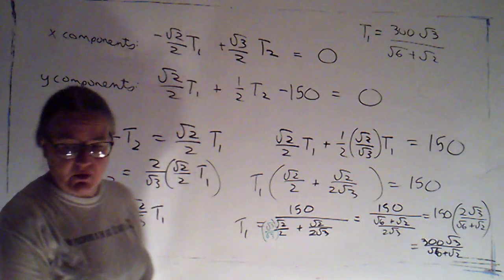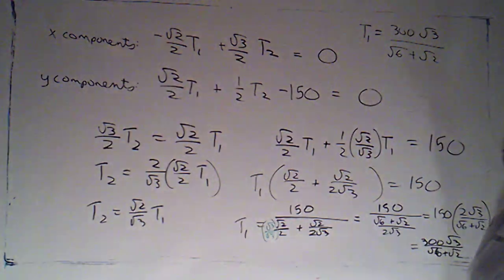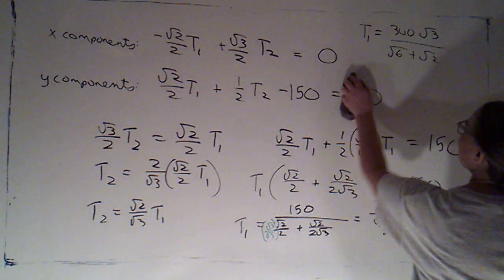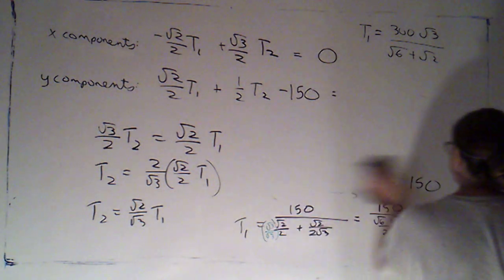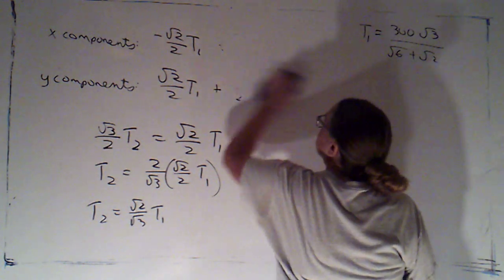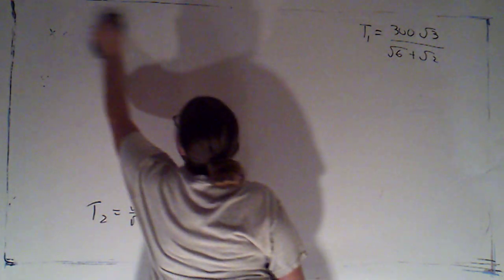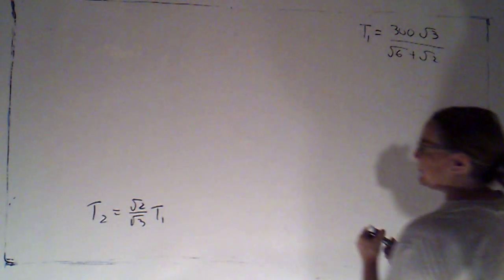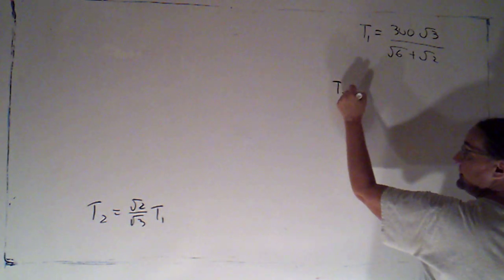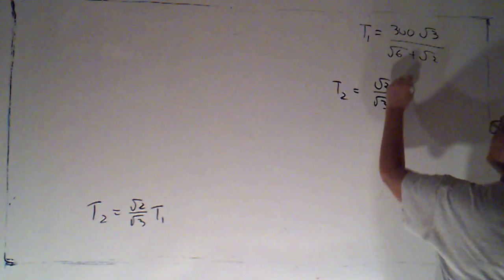Okay, excellent. So I've got T1. Let's get T2, the number, and then we'll get T1 and T2, the vectors. We said T2, the number, was just root 2 over root 3 times T1.